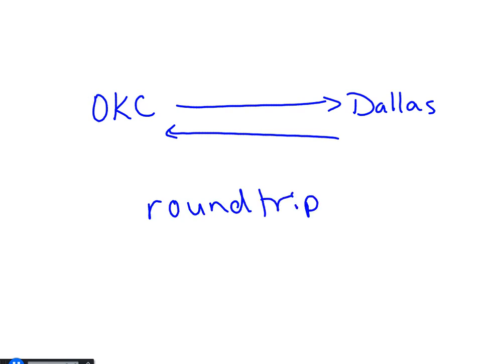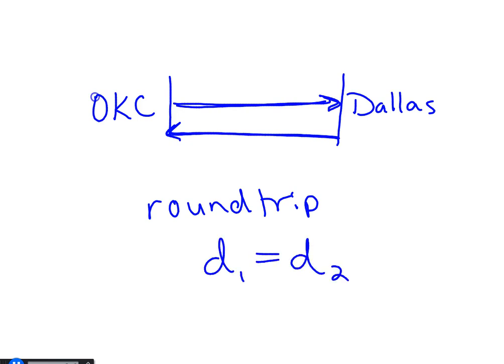When you're looking at the round trip problems, you want to think about how far is it, how do these two distances compare? The distance from Oklahoma City to Dallas is the same as the distance from Dallas to Oklahoma City. So this is one where your distance 1 is going to be set equal to your distance 2. The flight there has to be equal to the flight back as far as distance goes. All right, and that's it.